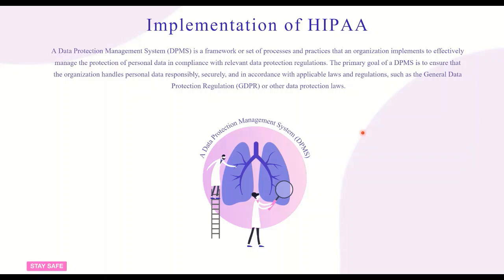With an effective data protection management system in place, organizations can responsibly and securely handle personal and health information data, in alignment with the various applicable laws and regulations of each country. This approach is very pivotal for global organizations to navigate the landscape of different data protection laws.